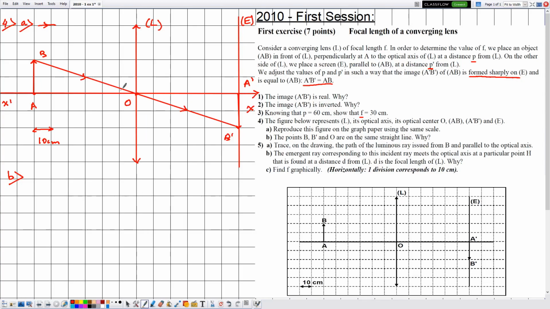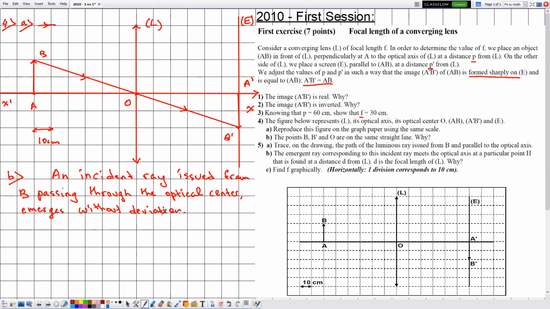As we can notice, these 3 points belong to the same straight line, because an incident ray issued from B, passing through the optical center, emerges without deviation.